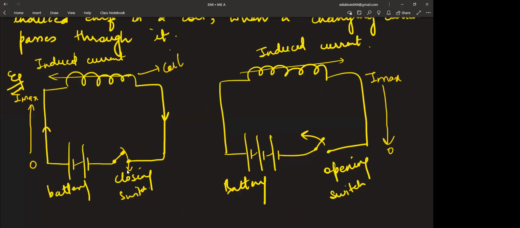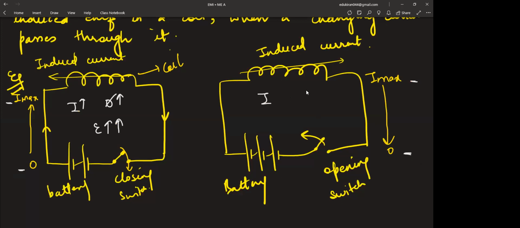Now when I close the switch, from 0 level to the maximum level, current will start increasing. Current has started increasing, flux is further increased, because there was a flux, then only we had the current also, and this will create an increment in the induced EMF. Now, if I open it, from the maximum value the current will go to its lowest value.